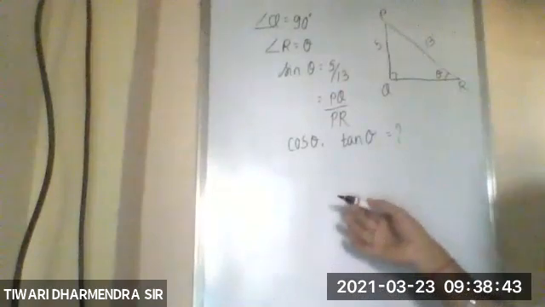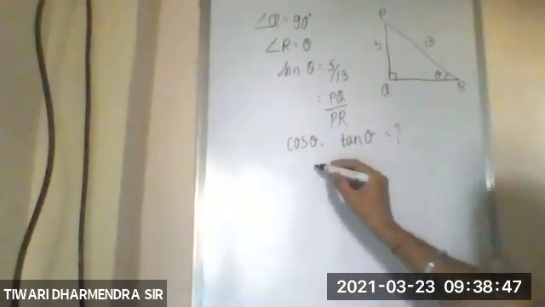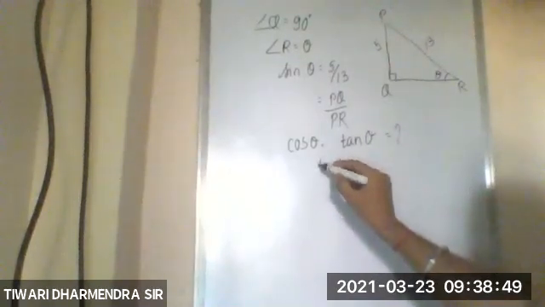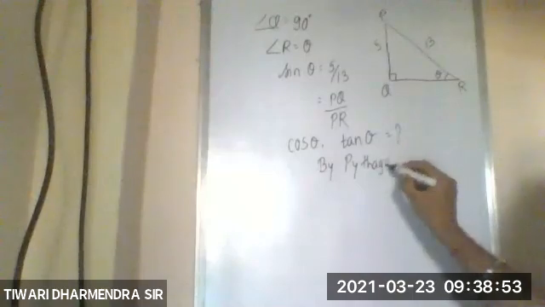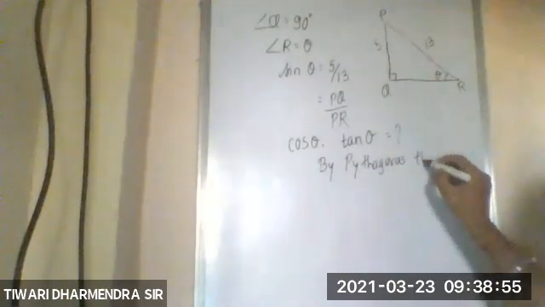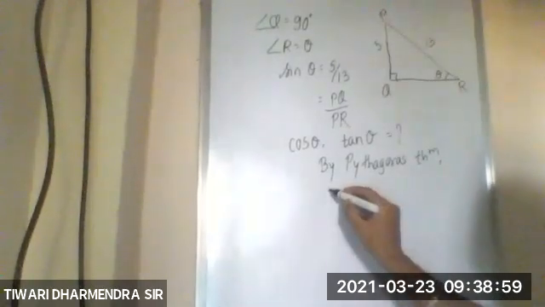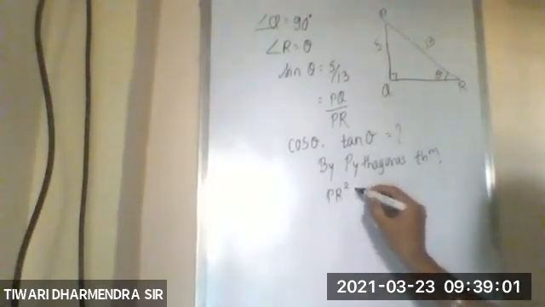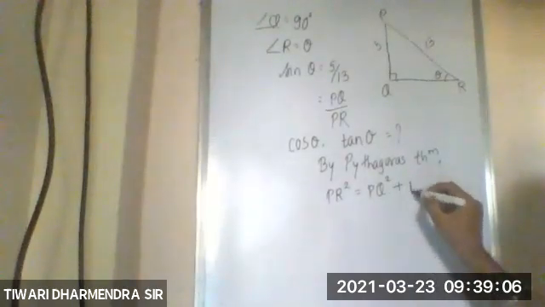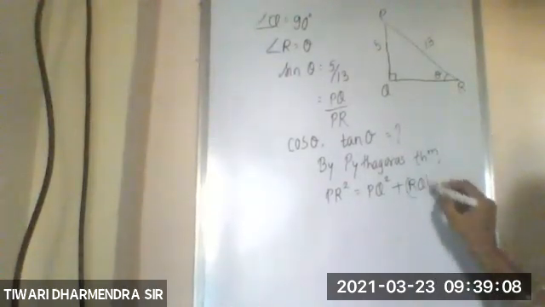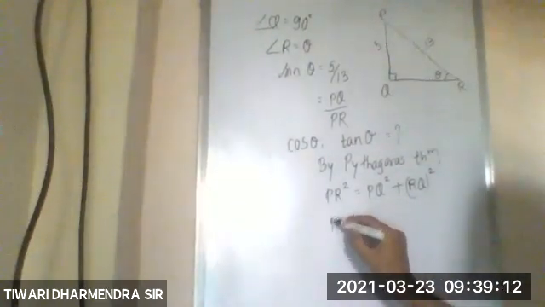I'm doing it roughly. You can do it accordingly. By Pythagoras theorem, what do we have? PR square is equal to PQ square plus RQ or QR square. Both mean the same. RQ is missing.